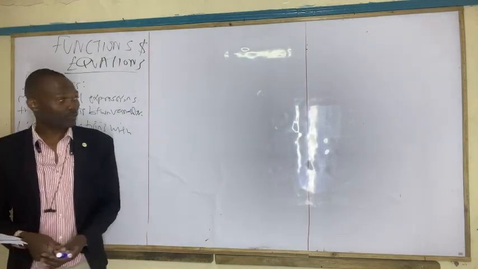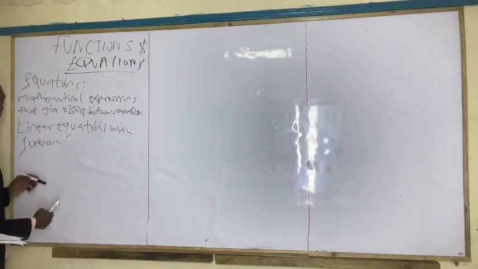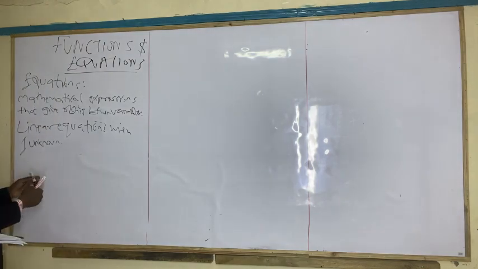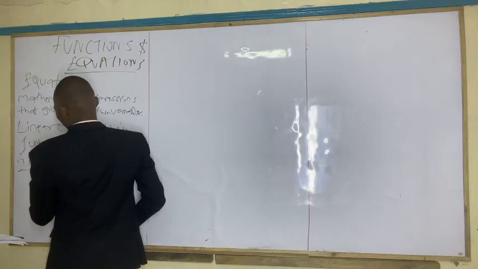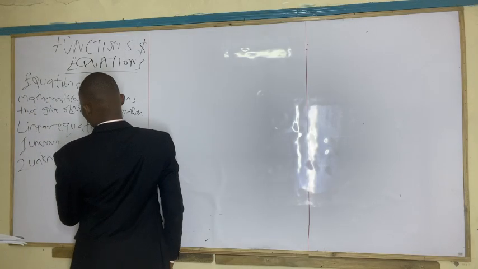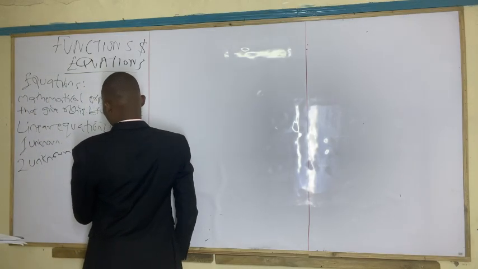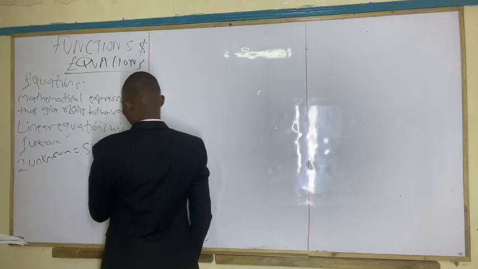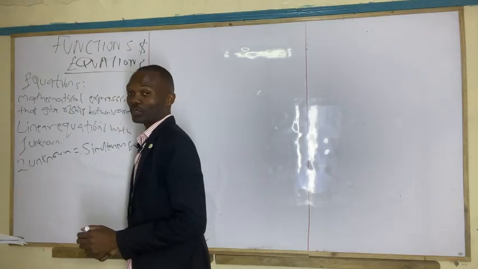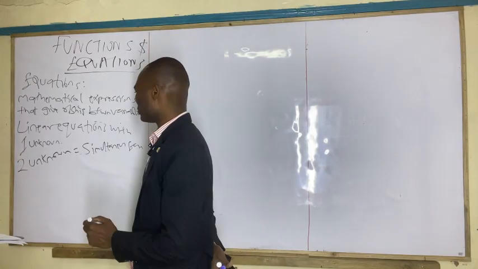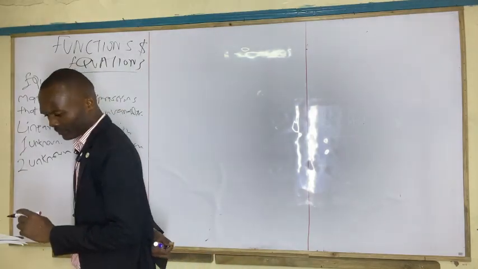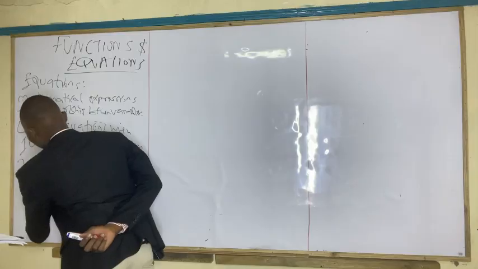So the next thing, we want to look at something called simultaneous equations. So this is one unknown. So if the unknowns become two unknowns, something called simultaneous equations. Under simultaneous equations, there are two ways we can use to solve under simultaneous equation. One will be called elimination.